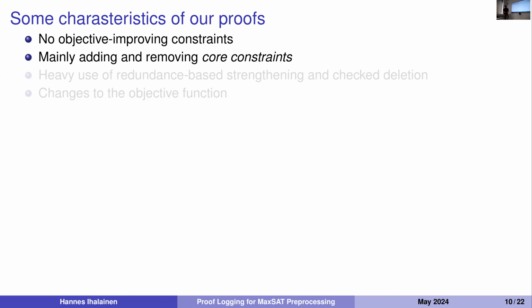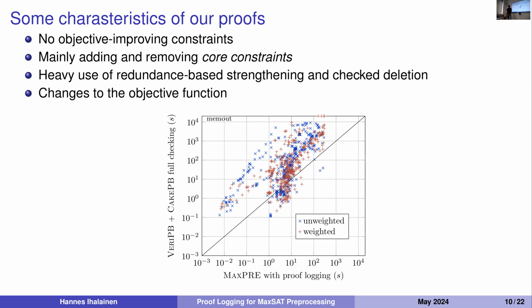Then we are mainly adding and removing core constraints. So all the time, the instance of the preprocessor matches the core constraints of the proof. And then we are using quite heavily redundancy-based strengthening and the check deletion rule. And we also update the objective function often.